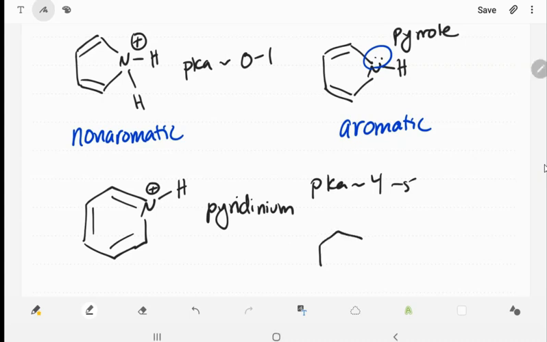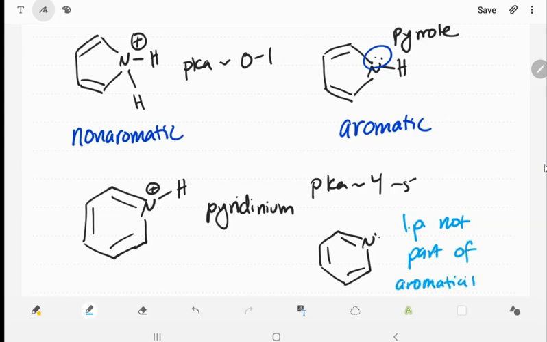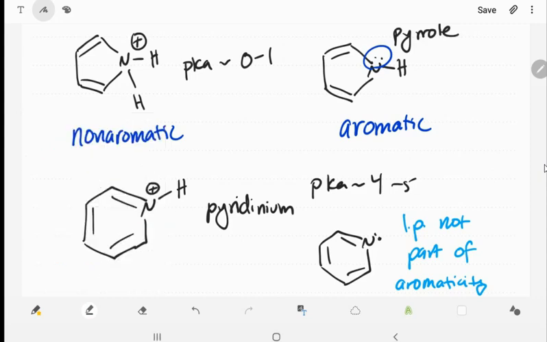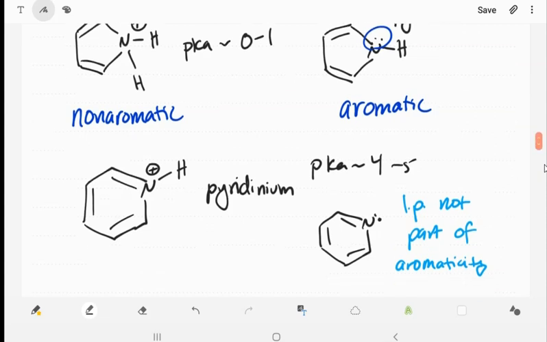In pyridine itself, the lone pair does not participate. This thing will be aromatic in either case. So the pyridinium and the pyridine are both aromatic because that lone pair doesn't do anything. It's not participating. If it did participate, then you'd have an 8 pi electron system and bad things, anti-aromatic, but it can't anyway because of geometry, so we're good.